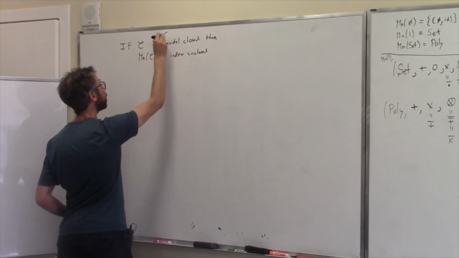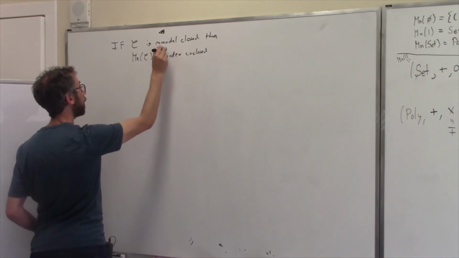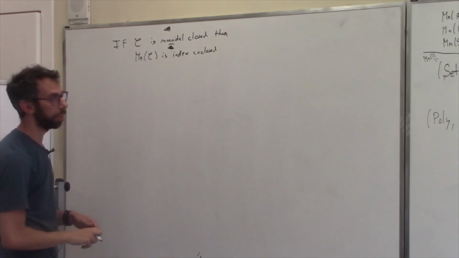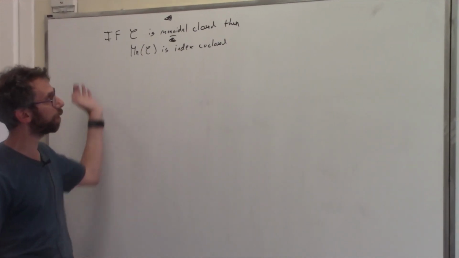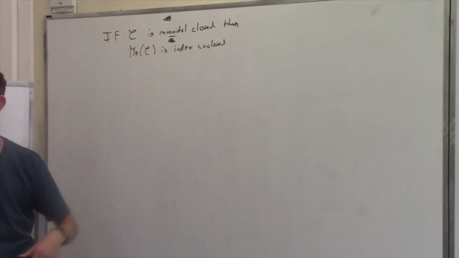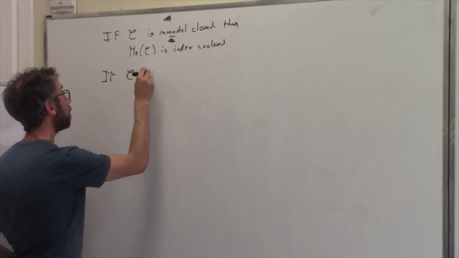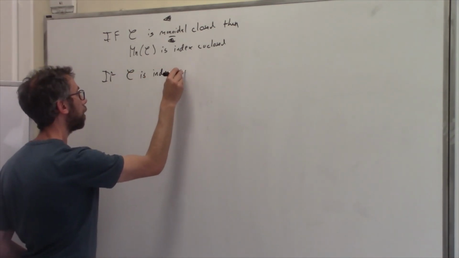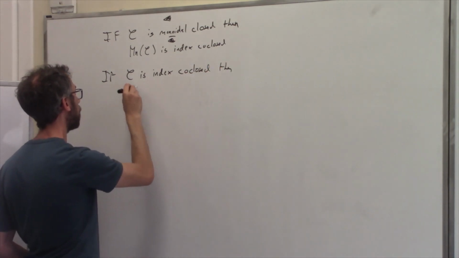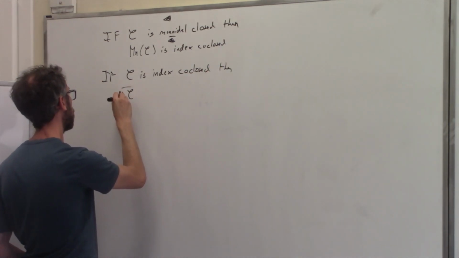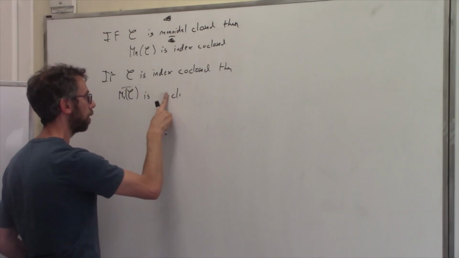If you have some operation, then that operation over line is index co-closed. So if it's monoidal closed on the left, then it's index co-closed on the left, and if it's monoidal closed on the right, then it's index co-closed on the right. If C is index co-closed for some monoidal operation, then C bar, menu C, is monoidal closed.